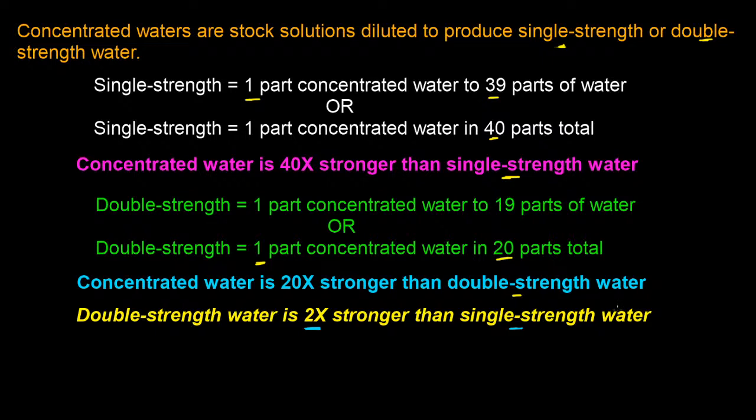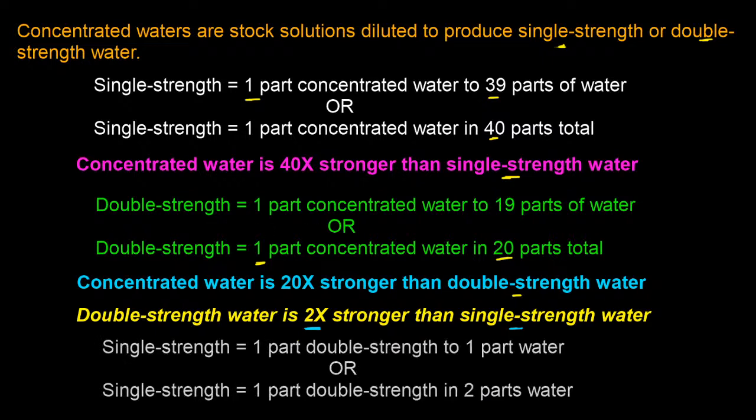What that would imply is that if you wanted to make a single strength water from a double strength water, then you need 1 part double strength water to 1 part of water. Or the other way to capture that is 1 part of your double strength in a total of 2 parts.